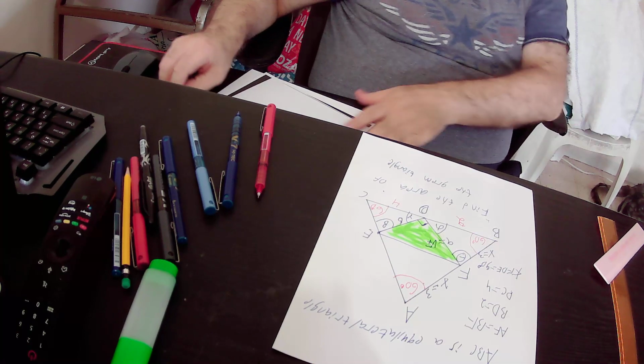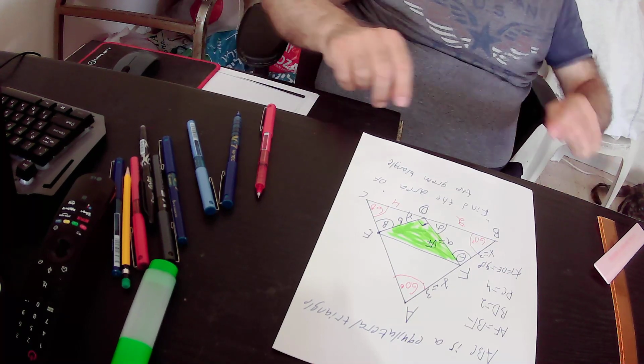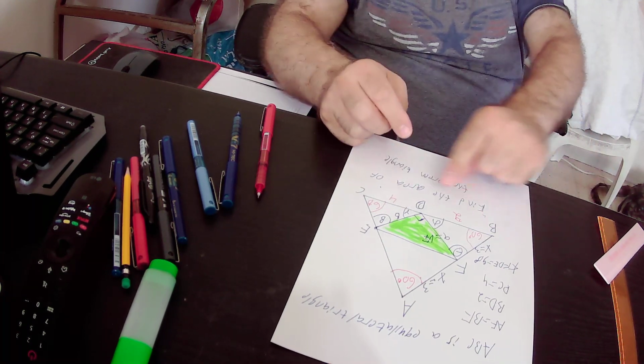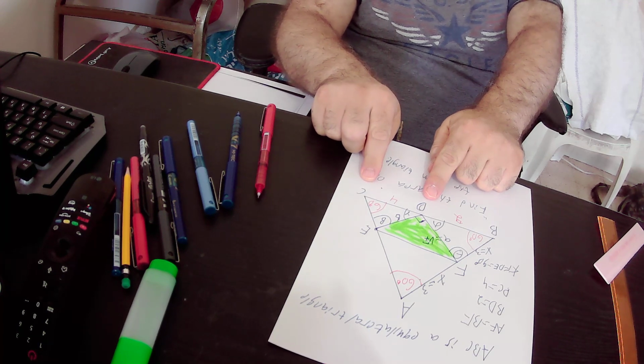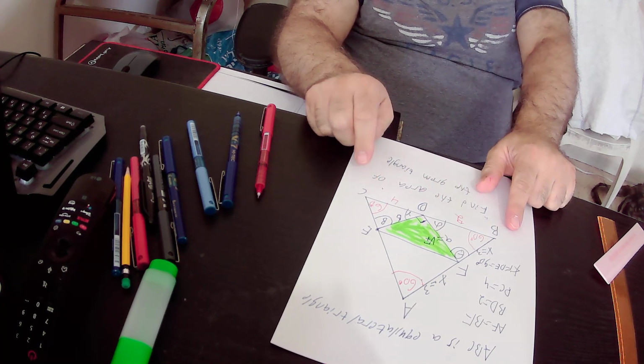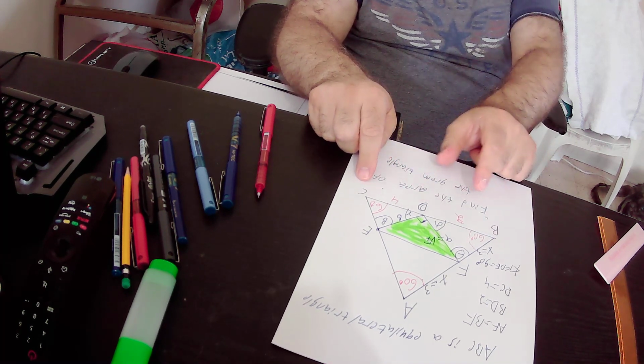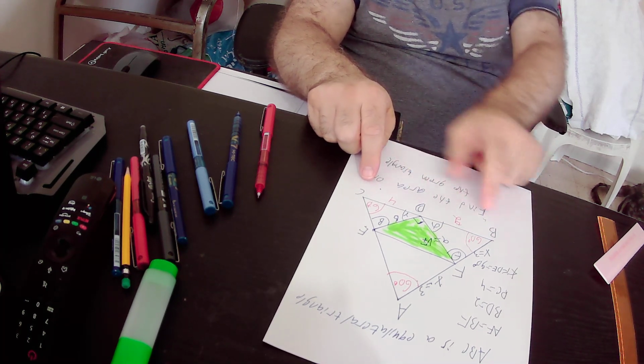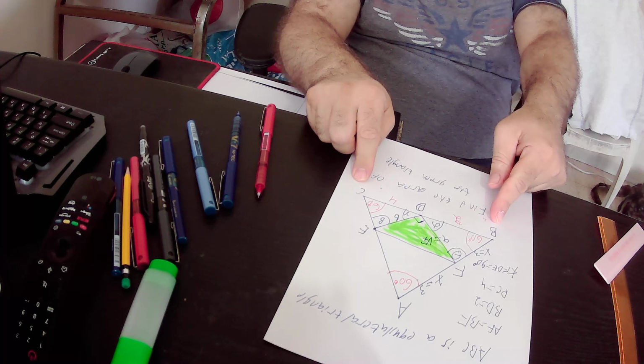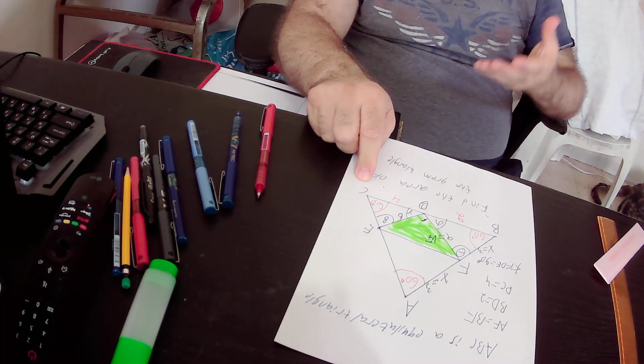First of all, BD equals 2 units and DC equals 4 units, so BC equals BD plus DC, it is 2 plus 4, so BC equals 6 units.